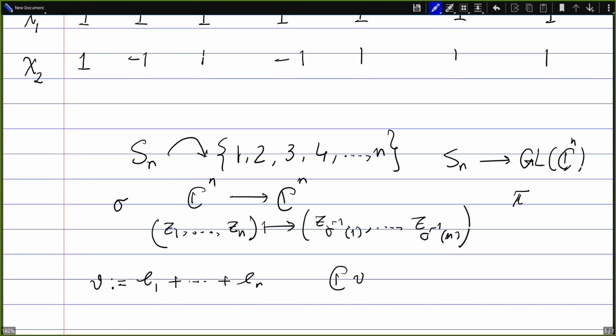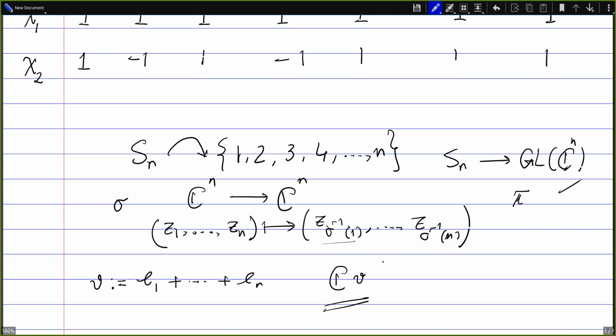Therefore, the sub-representation on the subspace generated by V is the trivial representation of Sn. Furthermore, the matrix of this linear transformation for any sigma with respect to the standard basis is just a permutation matrix. Therefore, the matrices are unitary. Hence, this representation is in fact a unitary representation.